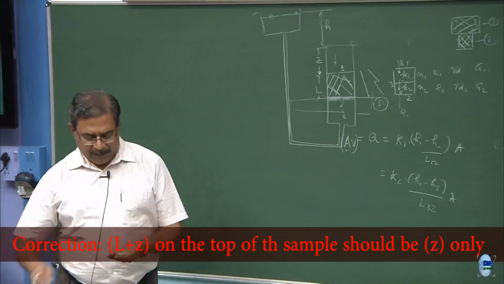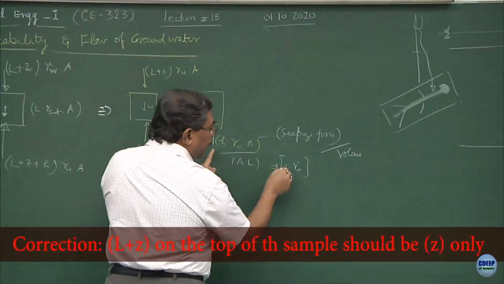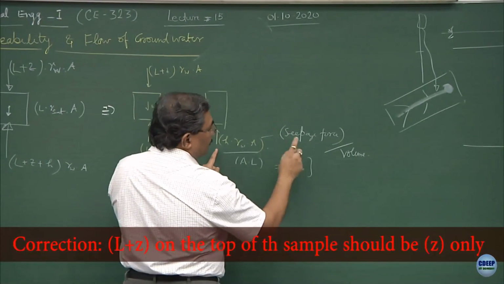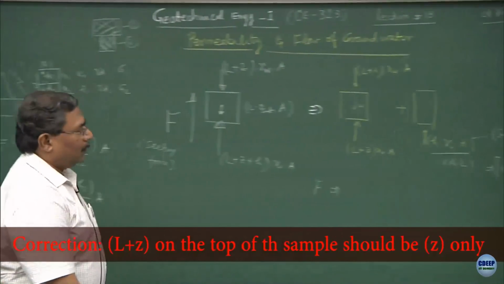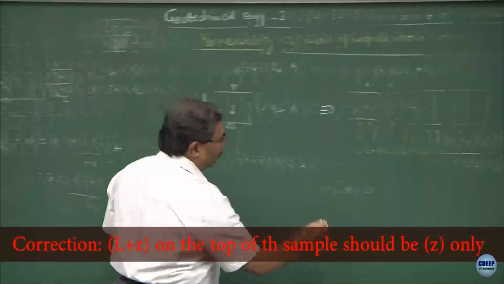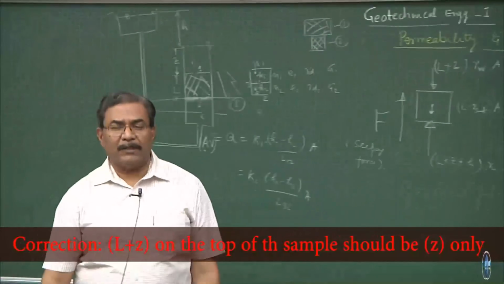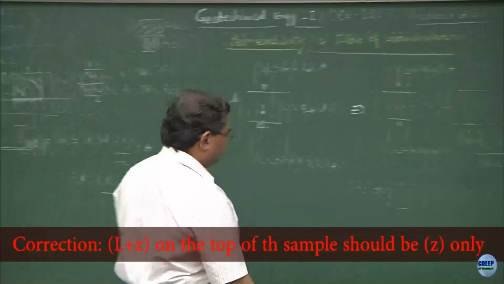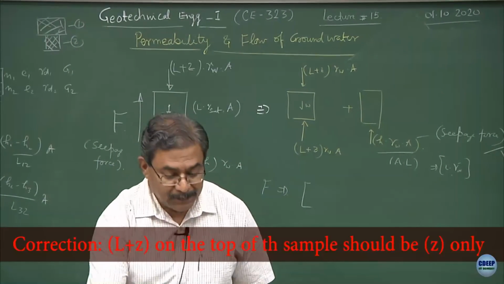And what we have done systematically is, we have shown that this is the hydraulic gradient which is the seepage force per unit volume. Now, rest is all simple mechanics, you can solve this. I will skip few steps and try to solve this function. I do not remember what it should be.